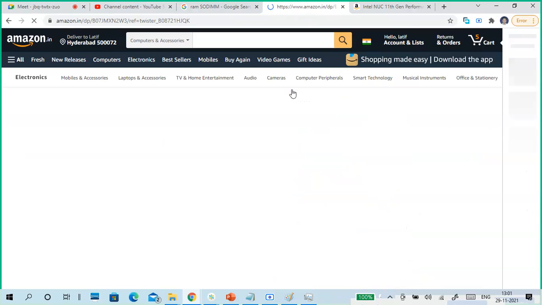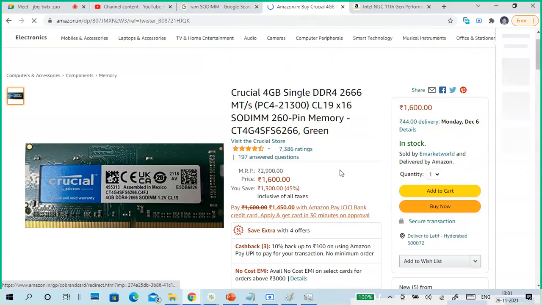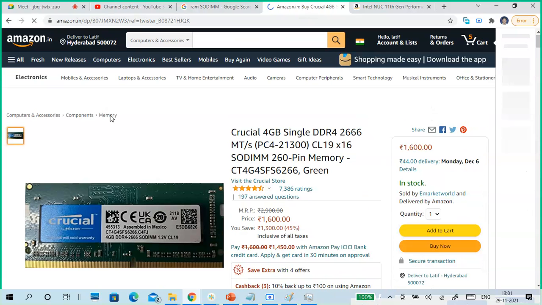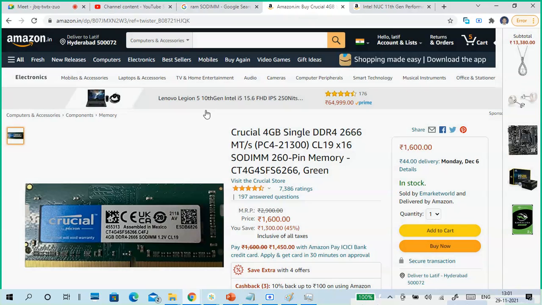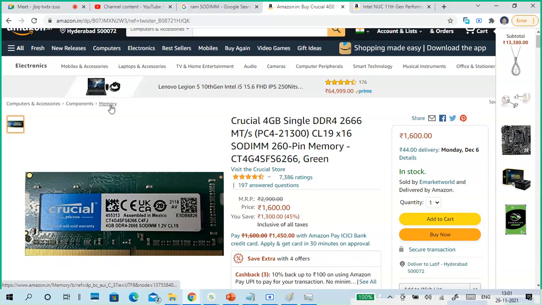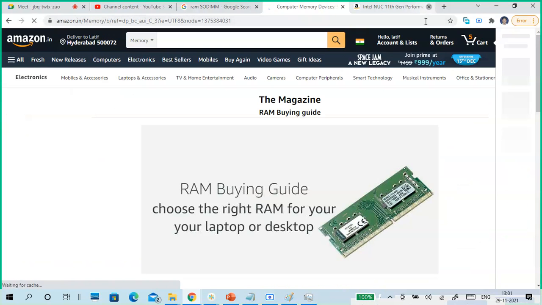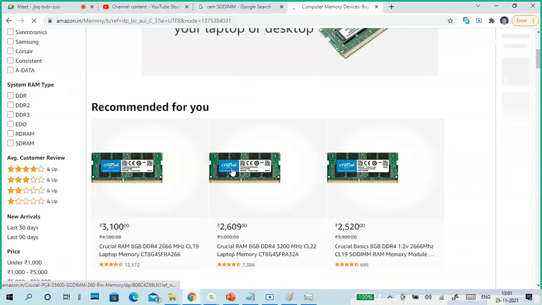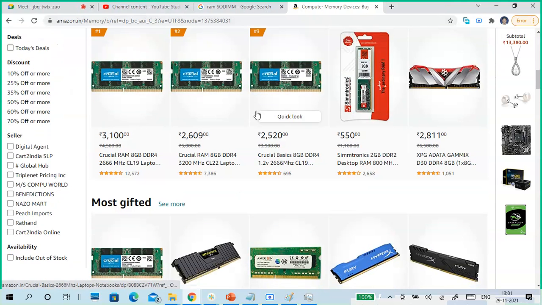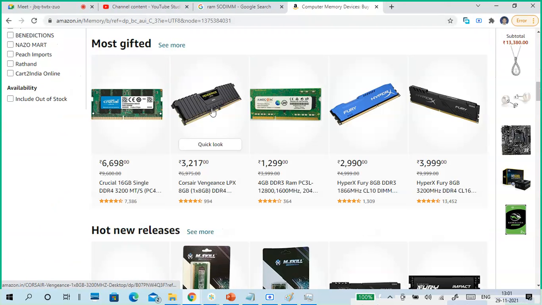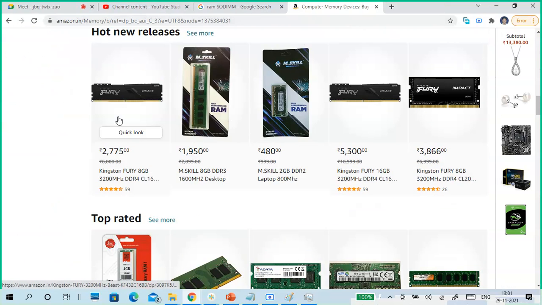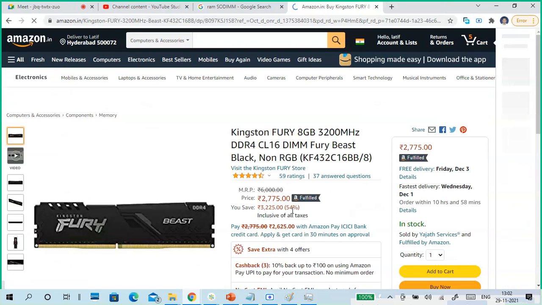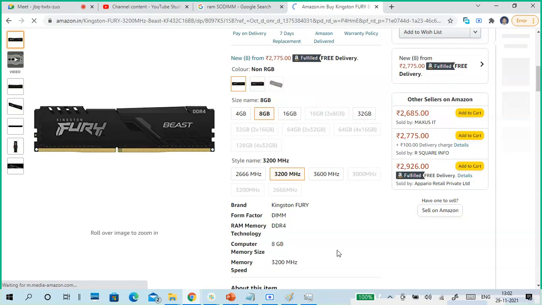So when you buy a RAM, compulsory, I clicked on this memory, don't close this one. When you are purchasing a RAM, compulsorily verify whether it is compatible with your processor or not, with your megahertz speed.